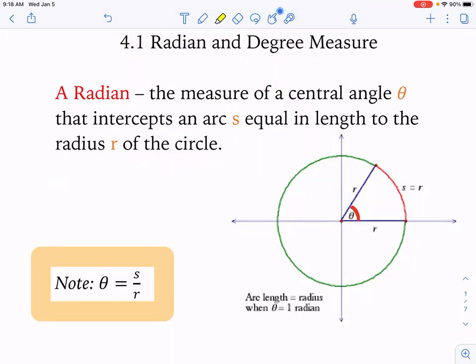Okay, so when we talk about 1 radian, we are talking about the radius being the same length as this arc that the angle is eating.